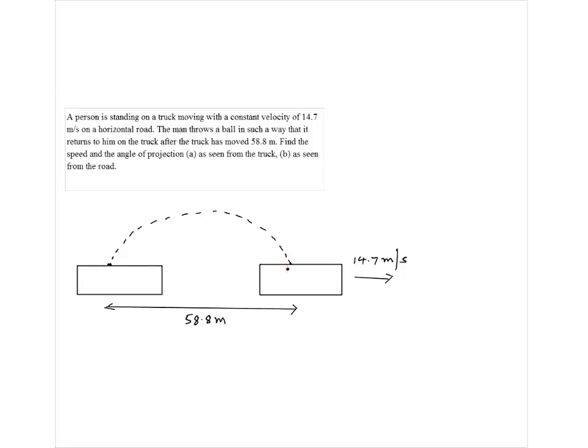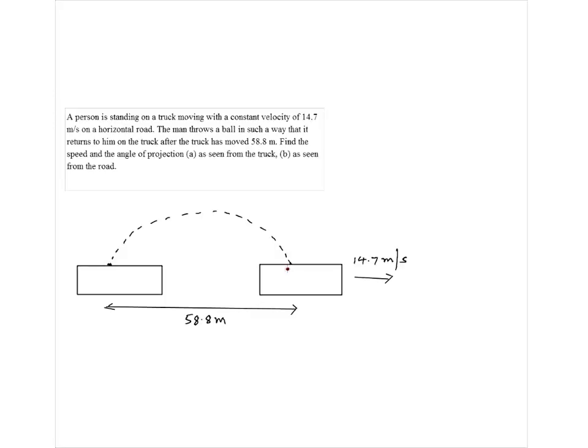With respect to him, as seen from the truck, I'm saying, as seen from the truck, it should be absolutely up. But it can't be going absolutely up, because while the person gives it a vertical velocity, it has a horizontal velocity of 14.7 with it. That's always there, 14.7. So 14.7 is there, and now vertical is also there.